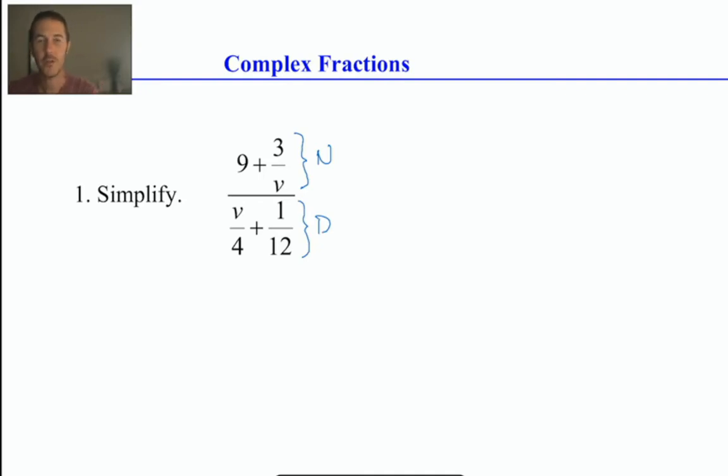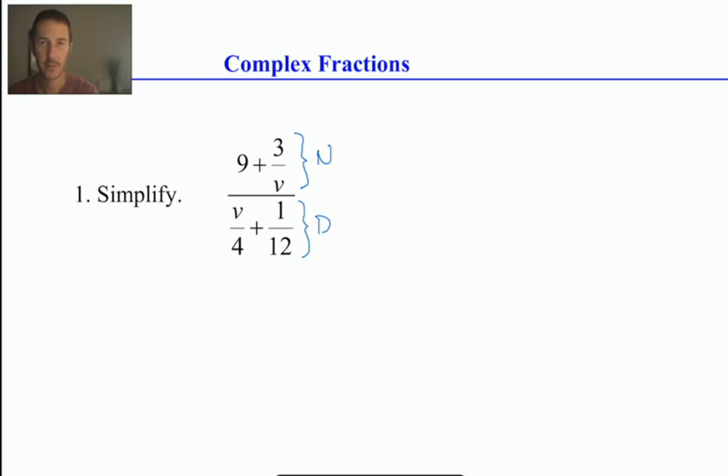In my big numerator, I get a common denominator so that I can add those two terms together. In the big denominator, I will make a separate common denominator so that I can add those two terms together. Then we'll have a fraction divided by a fraction.